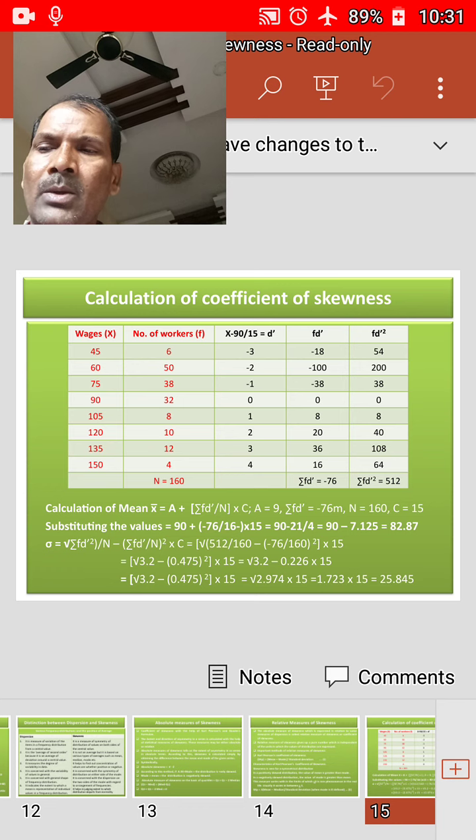That will exist in all the given values, hence d dash is equal to x minus a by 15.